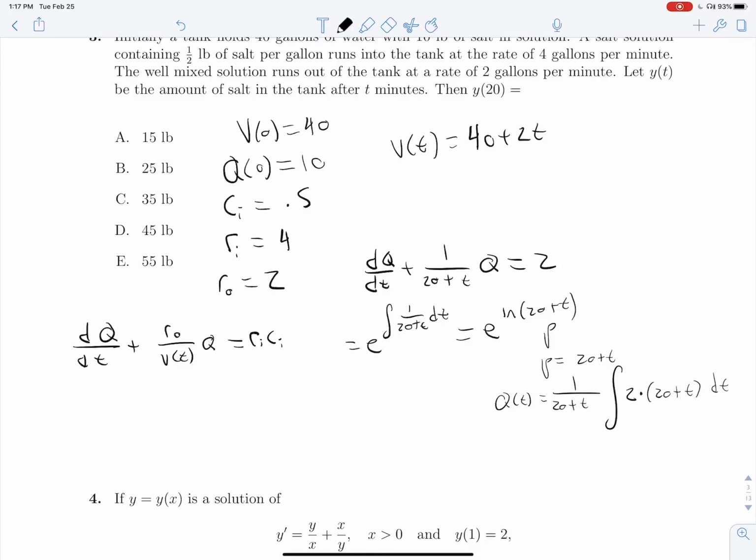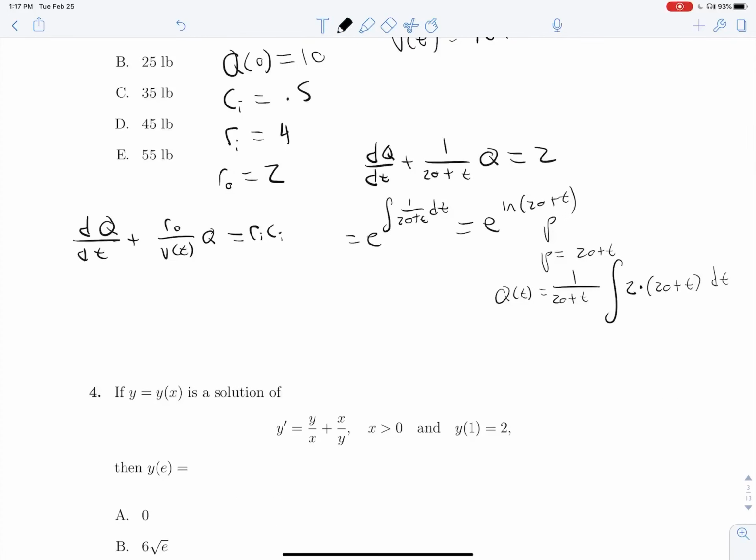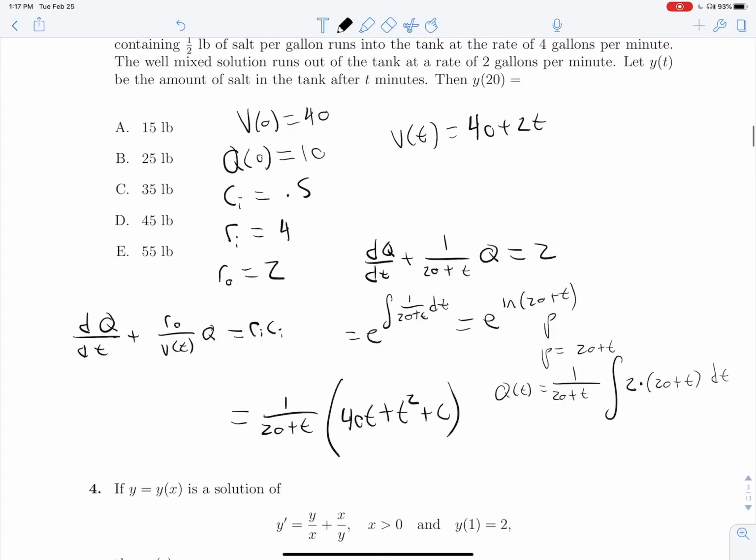So this is going to give us 1 over 20 plus t multiplied by 40t plus t squared plus c, and all of this is equal to q of t.